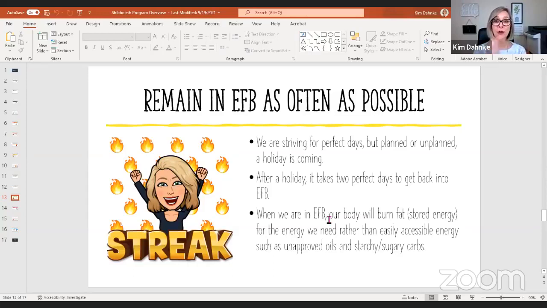And you will see those little icons created on your weekly timing chart in your account, and you can keep up with where you are. When our body is in EFB, it will burn stored energy, which is fat. It will burn that as the energy that we need, rather than easily accessible sources of energy, such as unapproved oils and starchy and sugary carbs.